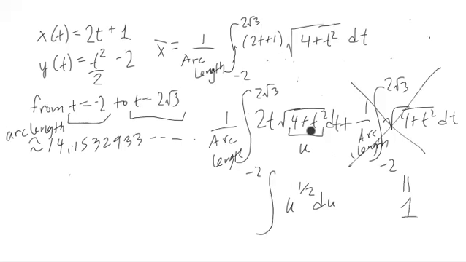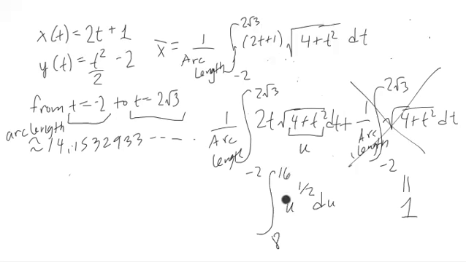When t is equal to -2, we actually get 4 plus 4, which is 8. And when t is 2 root 3, we get 3 times 4, so 12, plus 4 is 16.